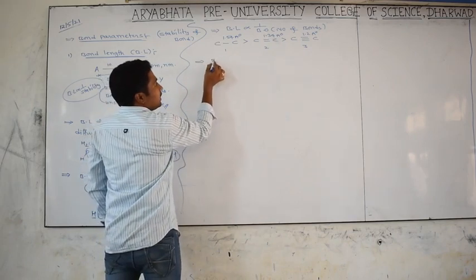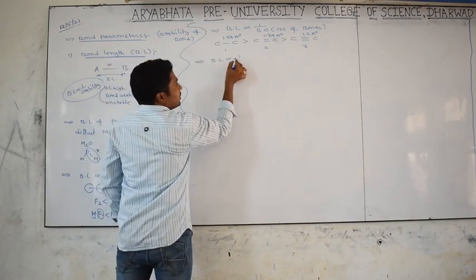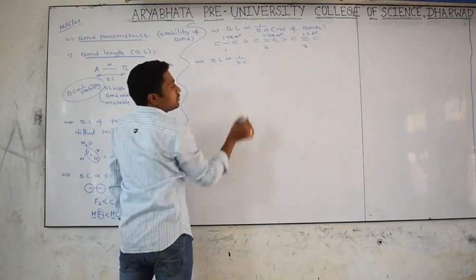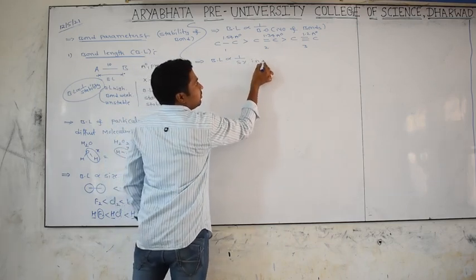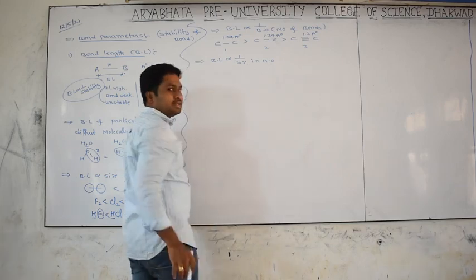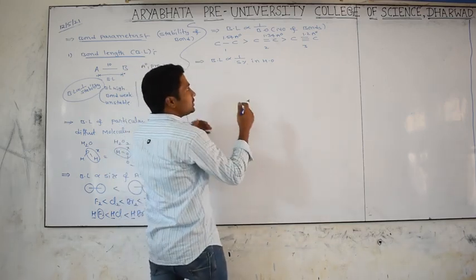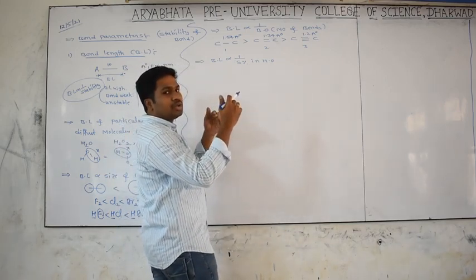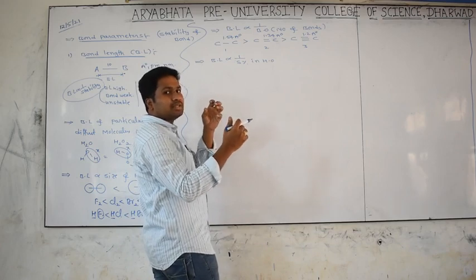The bond length is also inversely proportional to the percentage of s character in hybrid orbitals. Sir, how is it? As the s character in the hybrid orbital increases, bond length decreases. Why?